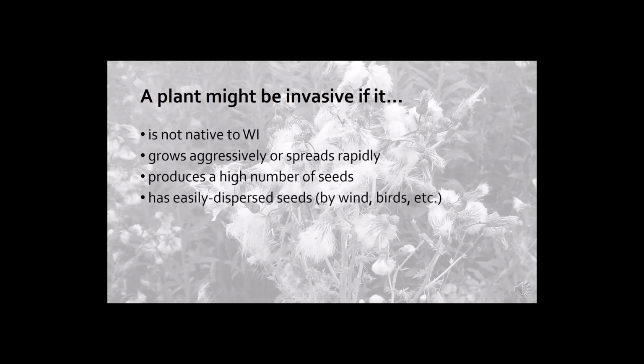And finally, if its seeds are easily dispersed by wind or birds or other methods, then it might be invasive. In particular, if you have a plant that has multiple of these characteristics, you should watch it closely and see if it's spreading rapidly. And if so, you might consider managing that plant to prevent it from causing damage, either in your own garden or yard or in natural areas beyond your yard.